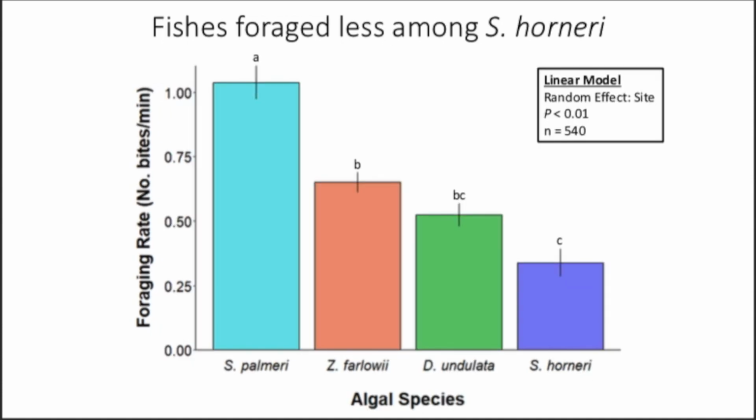Overall, we can see a trend of the fishes foraging more among the native species and significantly less among the invasive species. They preferred to forage the most among the native Sargassum species, which is closely related to the invasive species, but they still were avoiding the invasive species.